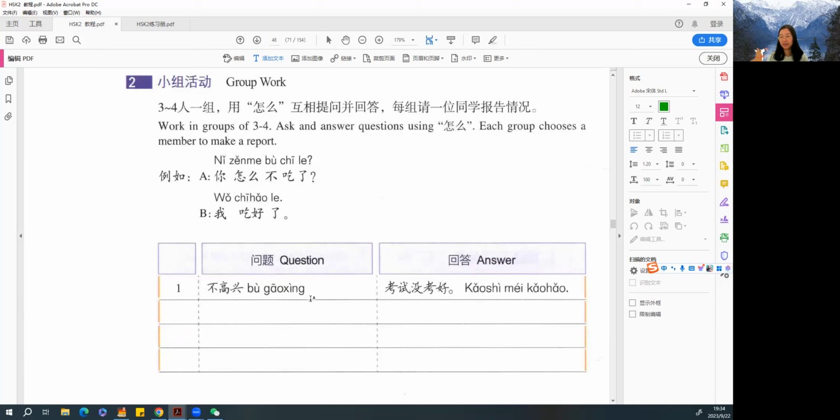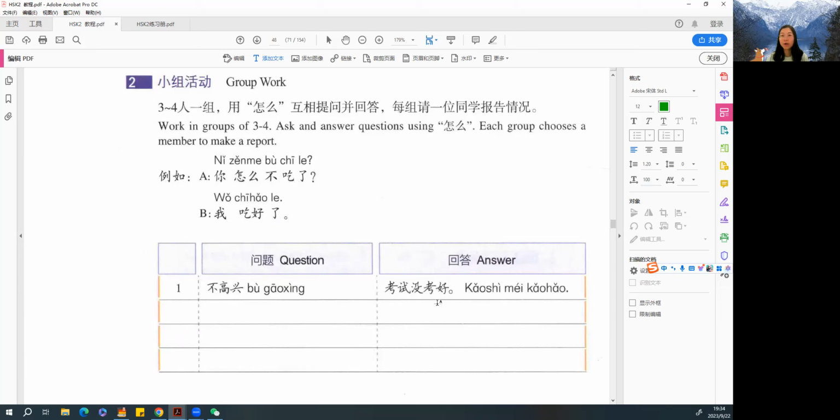不高兴 is not happy. 考试 which is the exam, correct? 没考好, 没 is negative. 考好 means do well in the exam.